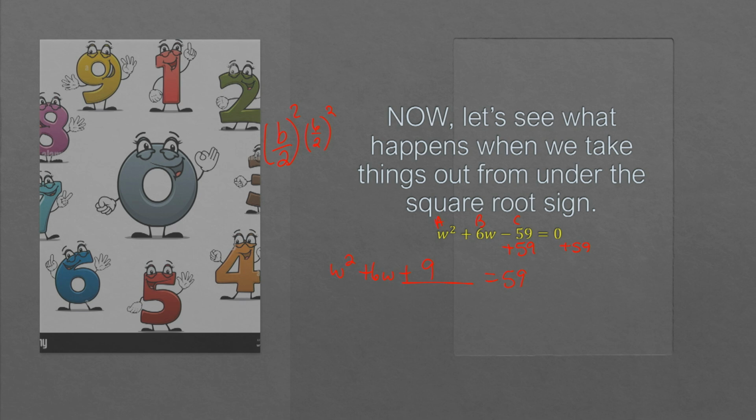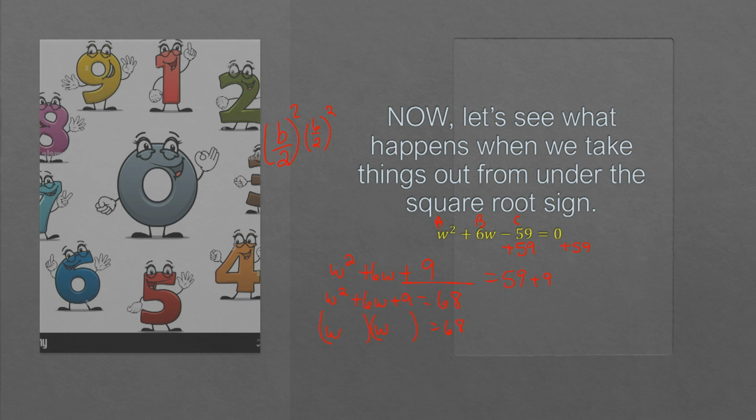Whatever I do to one side of my equation, I must do to the other. So then I'm going to rewrite as w squared plus 6w plus 9, and that is going to equal 68. Now, I want to isolate those w's, so then I'm going to build my two binomials, which I'm going to have w and w.